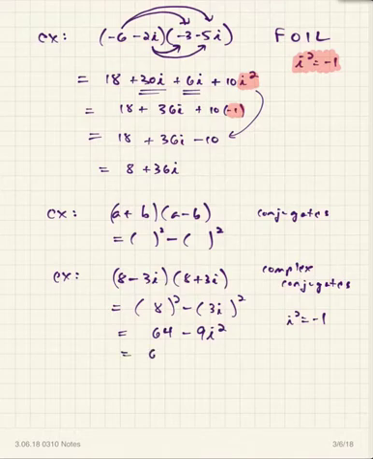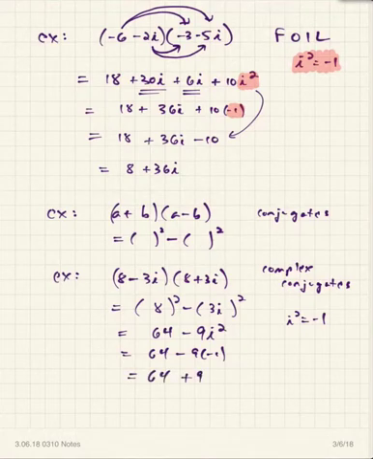So we have 64 minus 9 times negative 1, or 64 plus 9, finally 73. So notice when you multiply complex conjugates together, you end up with a number that is not imaginary at the end. All the i's would drop out in a case like that.